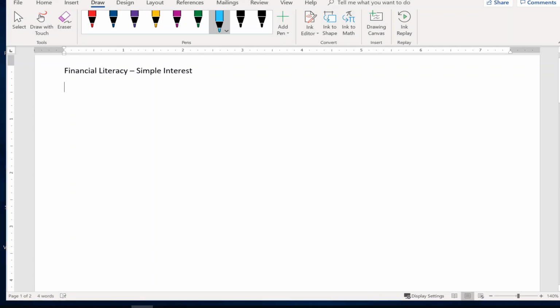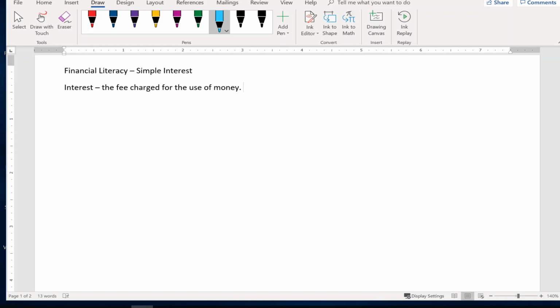So simple interest, here we have interest, and that is the fee that is charged for the use of money. Now this could be money that you have borrowed or that you have invested. When you deposit money into a bank account, the bank gives you a small interest, and that's because they are using your money.